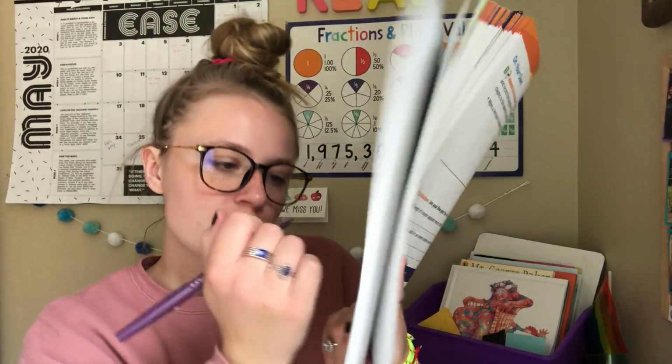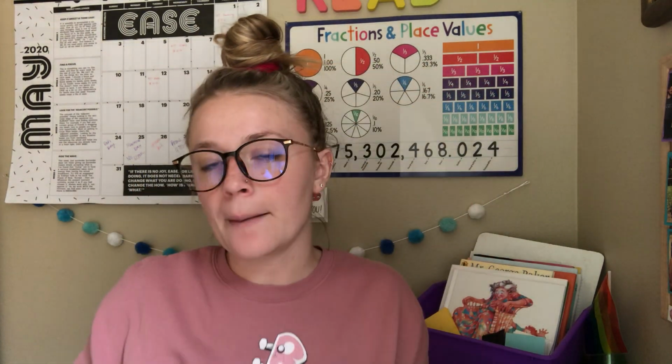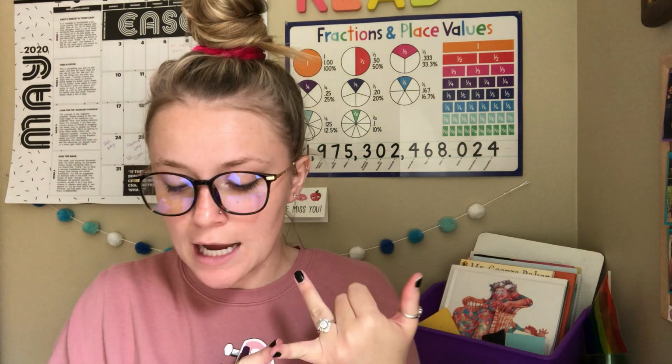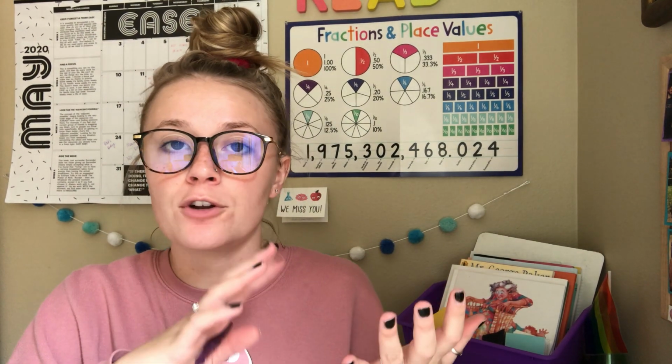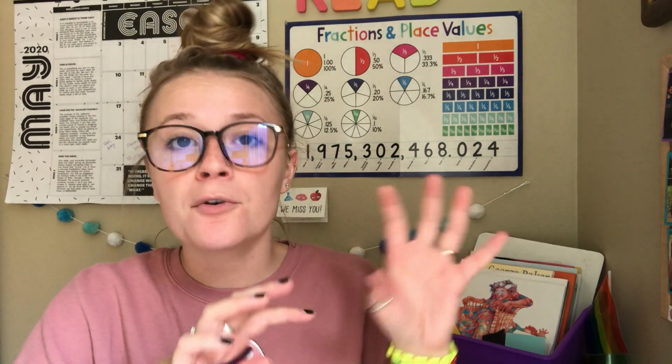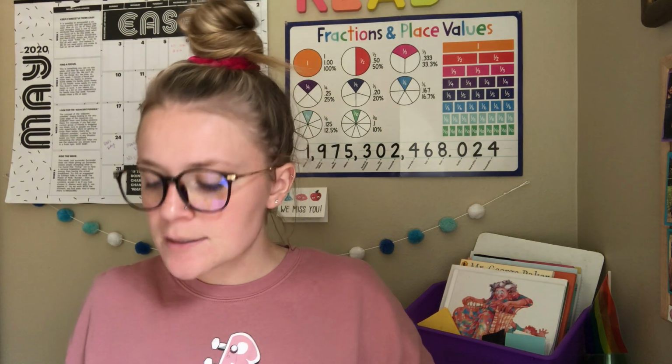So 3 more students choose the beach than the pool and camp combined. So this is a 2-step problem because we had to find out what amount of students voted for the pool and camp before we could compare the data. All right, next page.